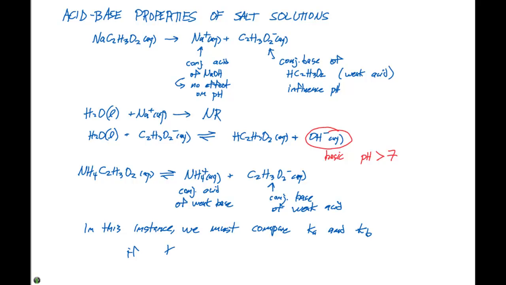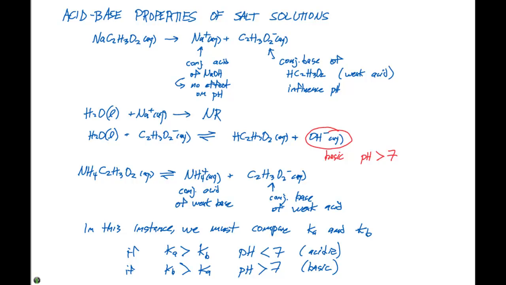If the Ka is greater than the Kb, then the pH is going to be less than 7, and our solution is going to be acidic. If, on the other hand, the Kb is greater than the Ka, the pH is going to be greater than 7, and our solution is going to be basic.